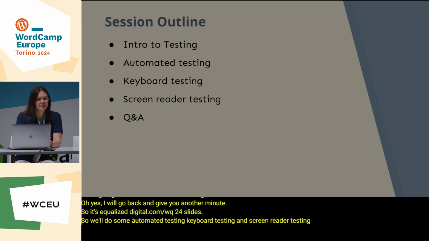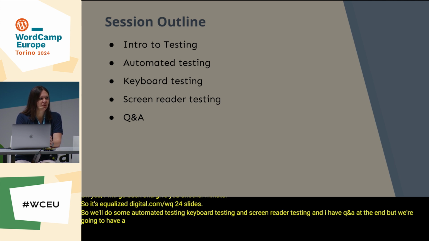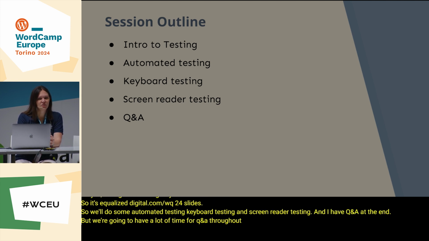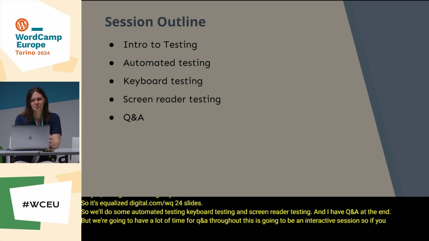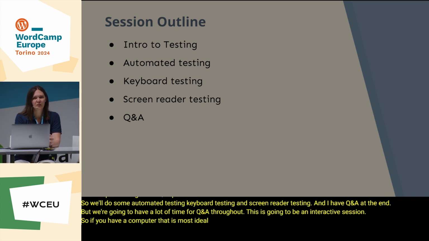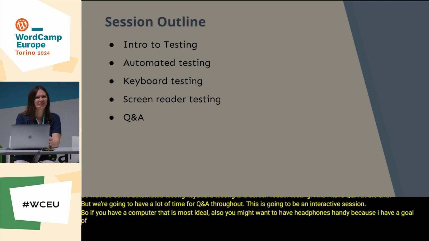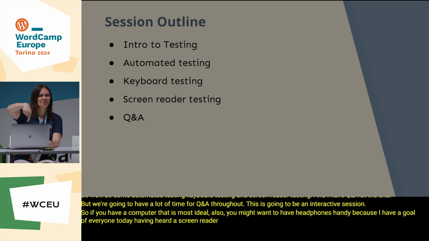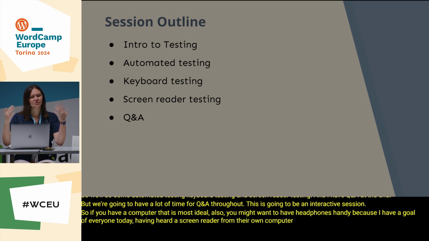And I have Q&A at the end, but we're going to have a lot of time for Q&A throughout. This is going to be an interactive session, so if you have a computer, that is most ideal. Also, you might want to have headphones handy, because I have a goal of everyone today having heard a screen reader from their own computer. If you don't have headphones, I will also share one from mine.